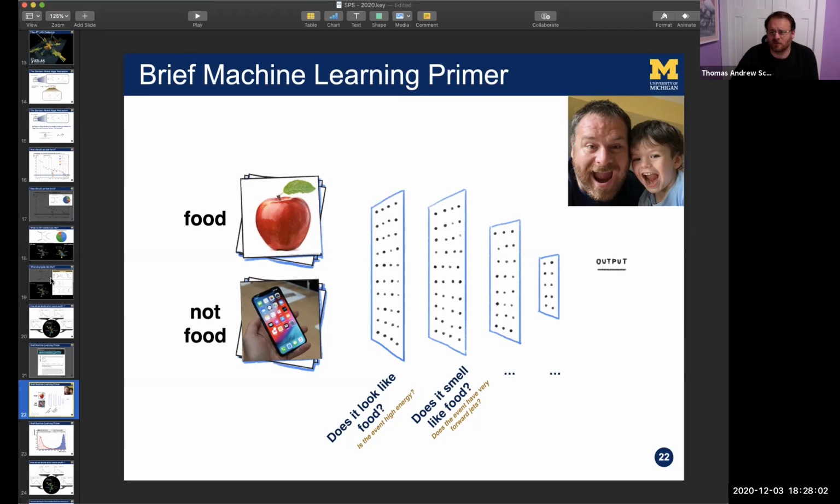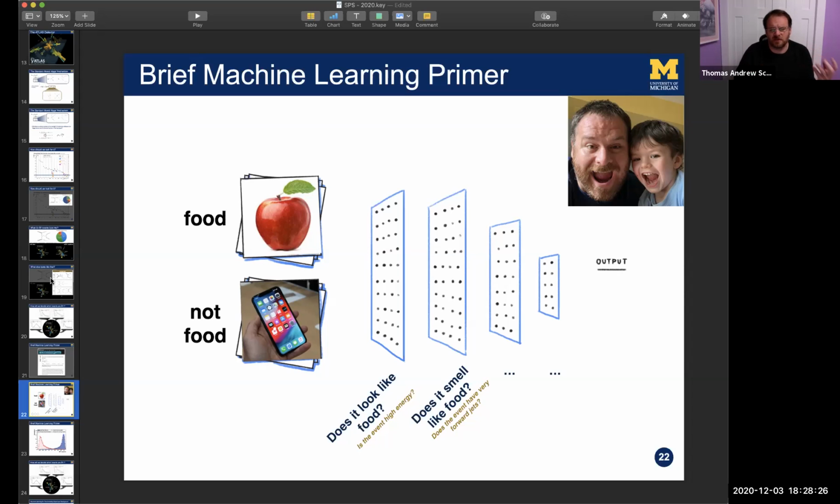This slide's a little old, so my son is no longer eating cell phones, but there was a day. Imagine how somebody actually makes a decision on whether or not something is food. It's a series of questions that get answered. The thing I'm looking at, does it look like food? Okay, does it smell like food? Does it pass all those properties?